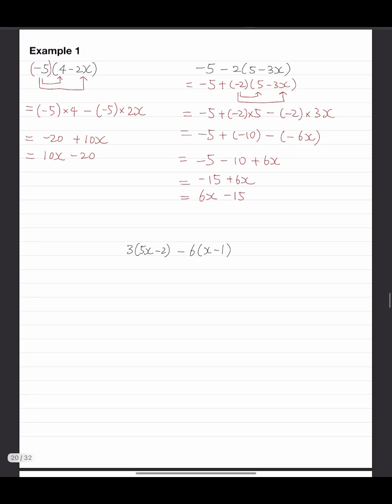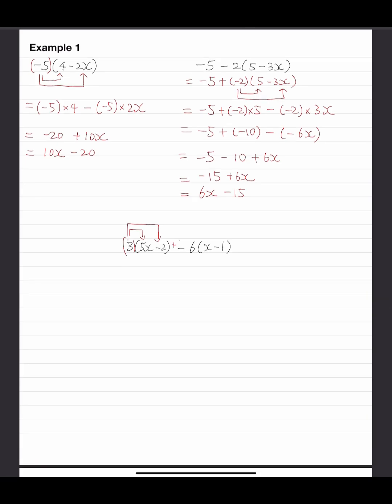Last one, we got two brackets, okay? So we just expand the first one by saying it's 3 times each term. And for the second one, we will write it as plus negative 6 times each one, yeah? So we're going to write 3 times 5x minus 3 times 2, and then plus negative 6 times x minus negative 6 times 1.